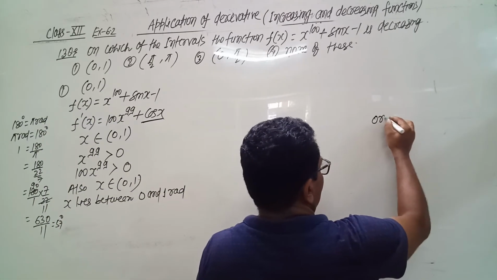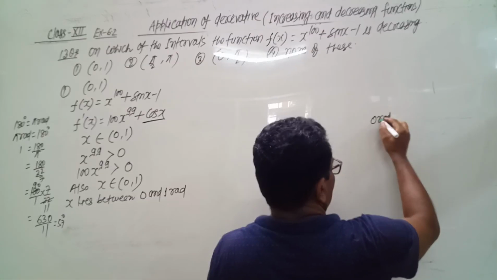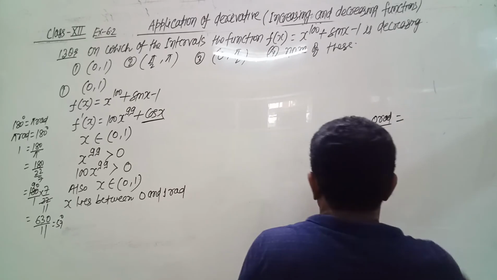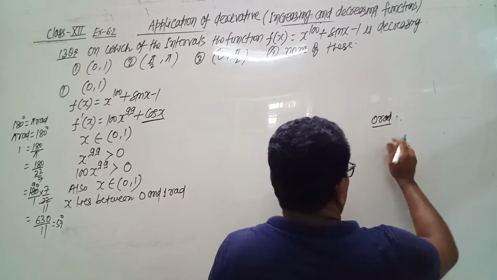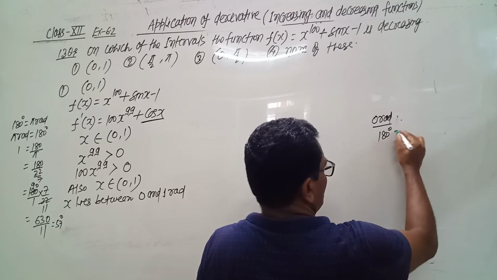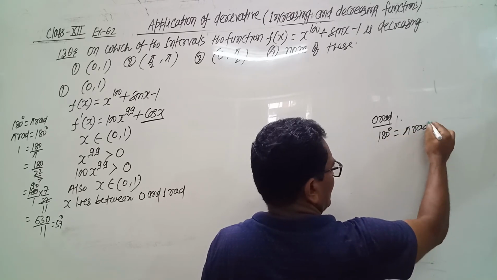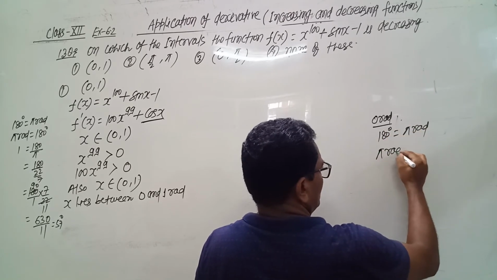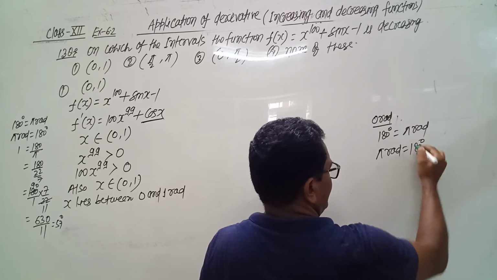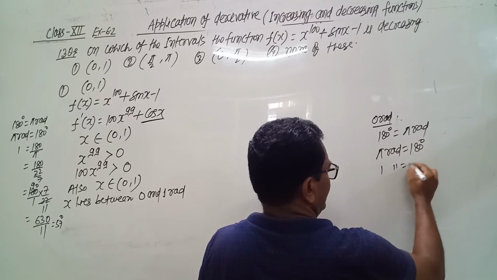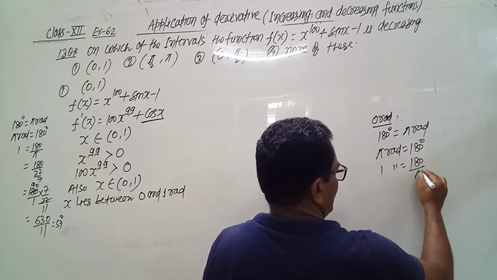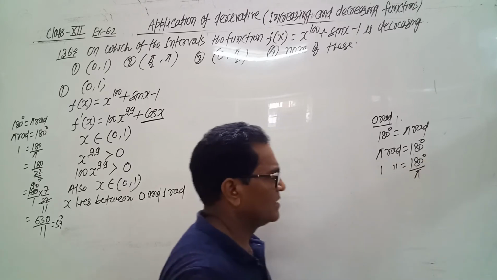So to convert 0 radian into degree, we know 180 degree equals pi radian, meaning pi radian equals 180 degree and 1 radian equals 180 by pi degree.